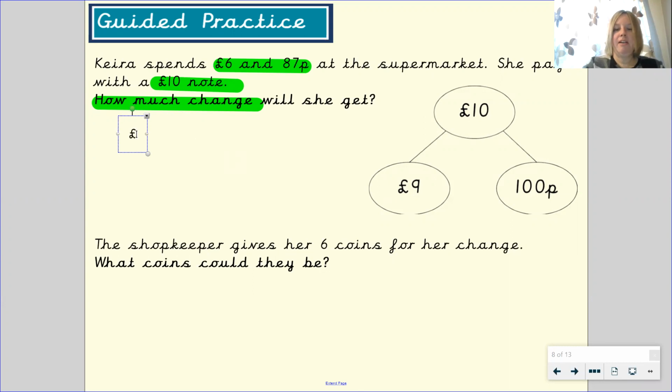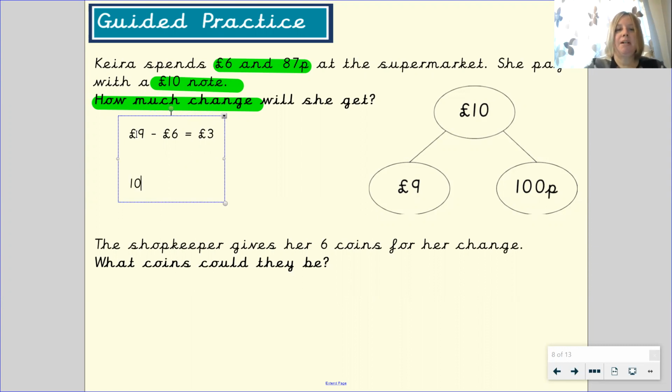So I'm going to write the calculation. £9 take away £6 equals £3. My next step is to take away from the 100p because I've converted £1 into 100p to help me.